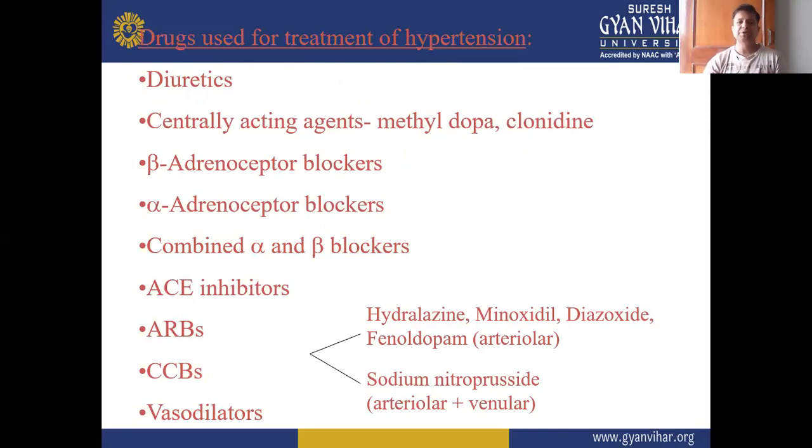Drugs used for treatment of hypertension are diuretics, centrally acting agents such as methyldopa and clonidine, beta adrenoreceptor blockers, alpha adrenoreceptor blockers, combined alpha and beta blockers, ACE inhibitors, angiotensin receptor blockers, calcium channel blockers, and vasodilators.